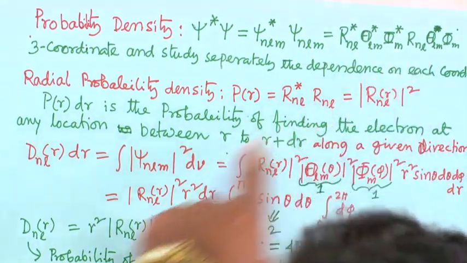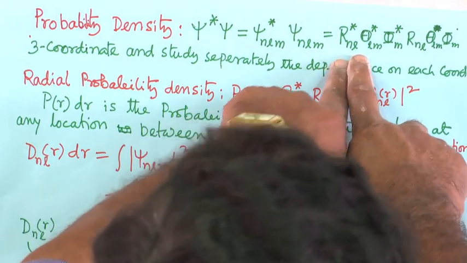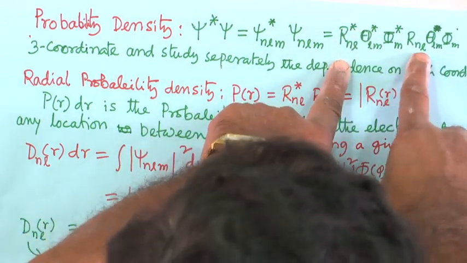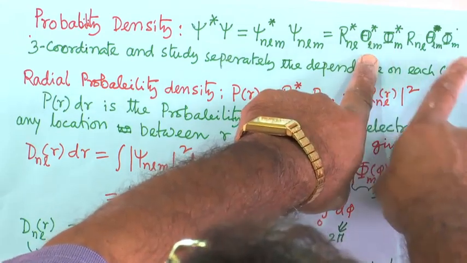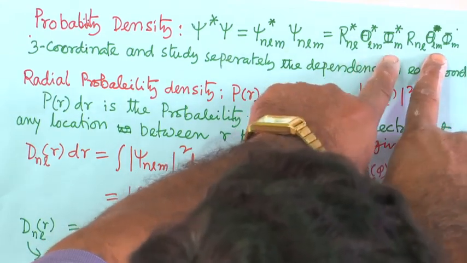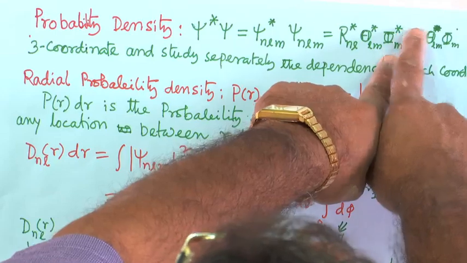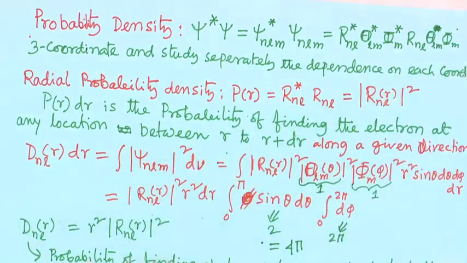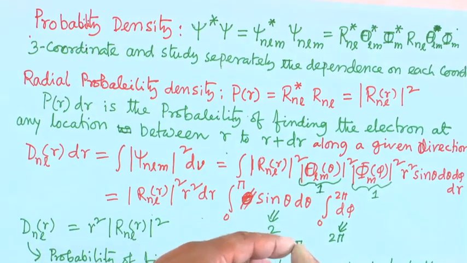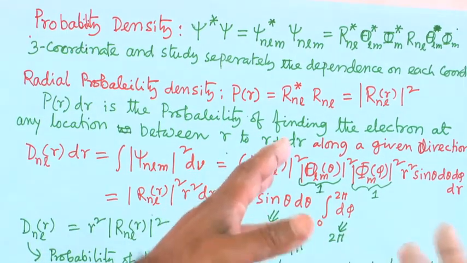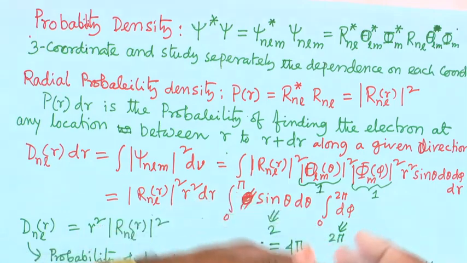Okay. So, basically here you are getting R n l star R n l, theta l m star theta l m, phi m star phi m. Okay. So, this probability density for the 3 coordinates we can study separately.